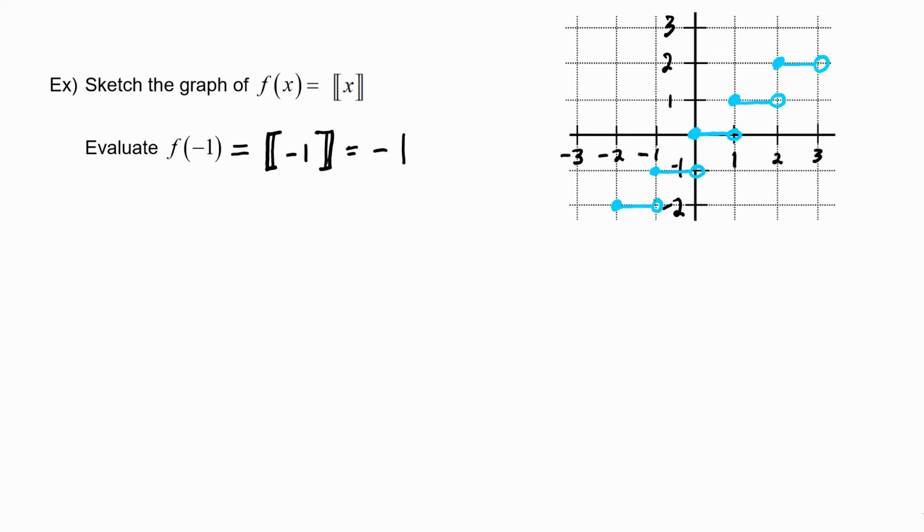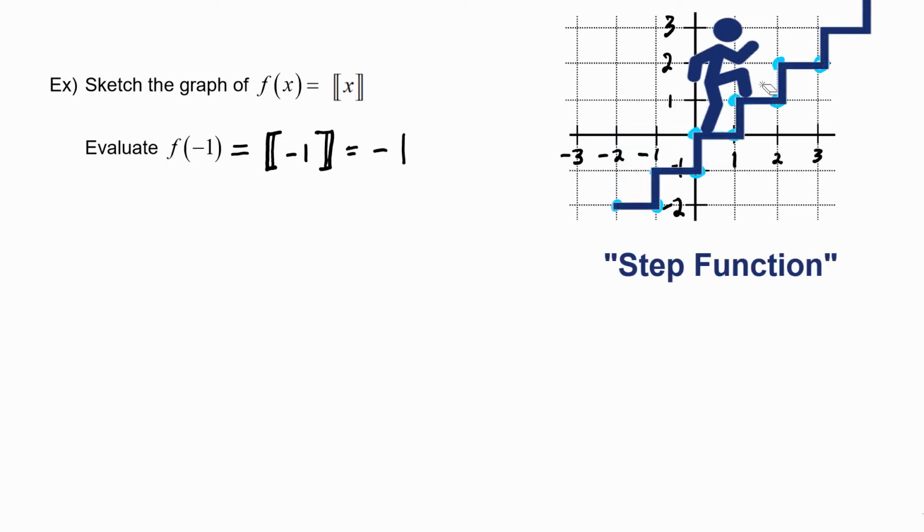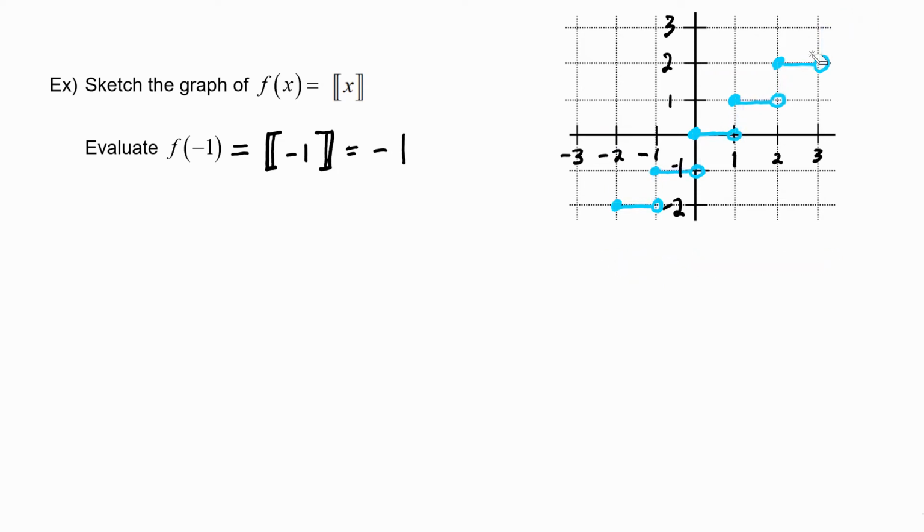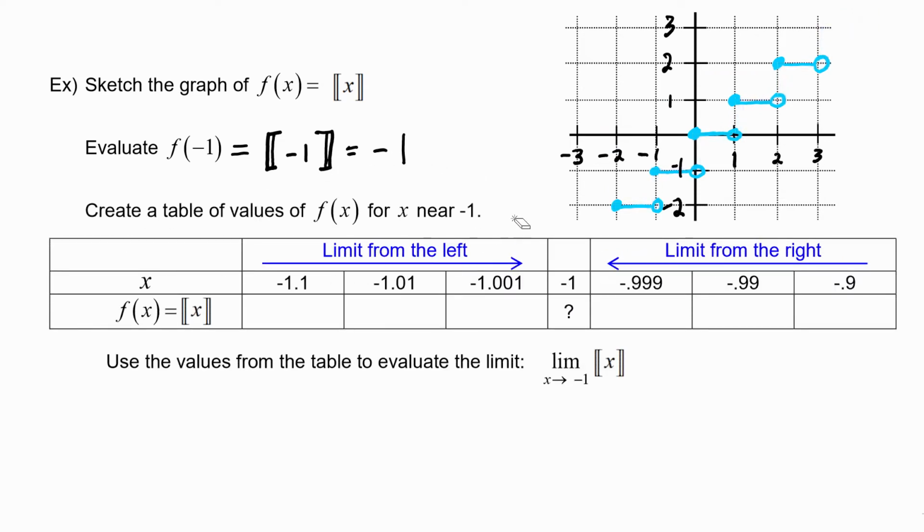You can see why the greatest integer function is sometimes referred to as the step function, because it's like you're going up steps. So now let's create a table of values of f of x for x near -1. As we're coming in from the left, we know the greatest integer of -1.1 is going to round down to -2, and so will the greatest integer of -1.01 and -1.001.